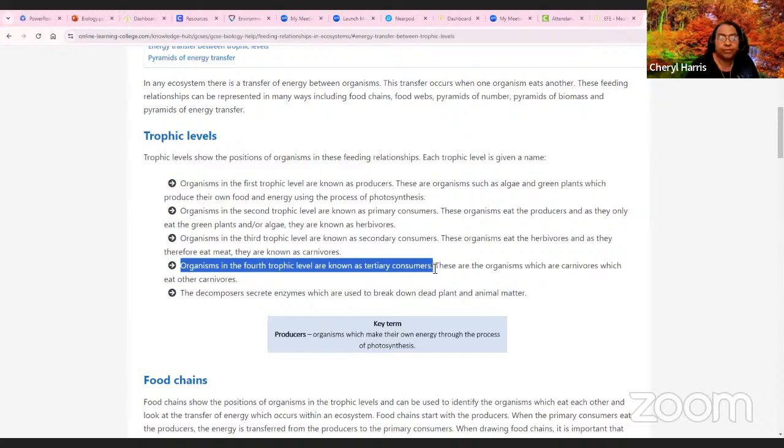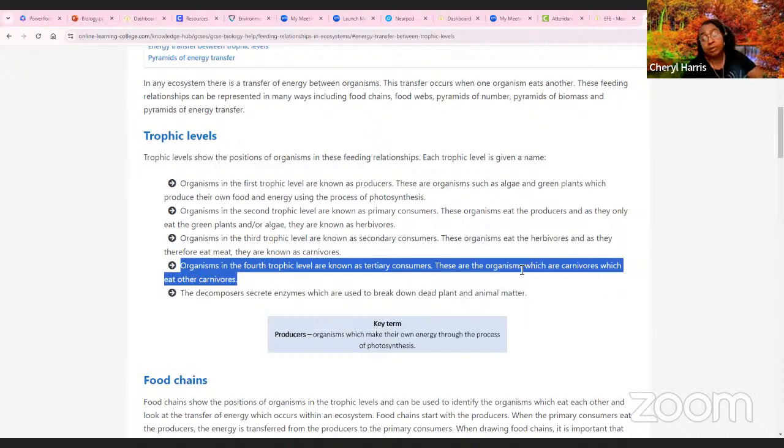The fourth level are tertiary consumers. While they're the fourth level on the pyramid, they are the third type of consumer. A lot of these organisms are also carnivores, and they're eating the animals that are eating other animals.